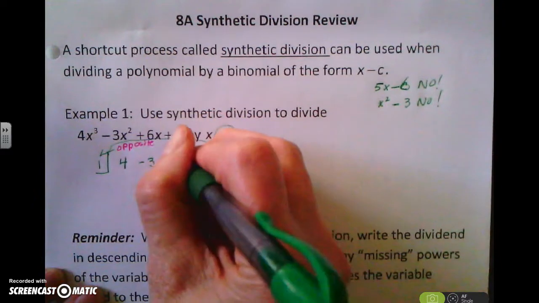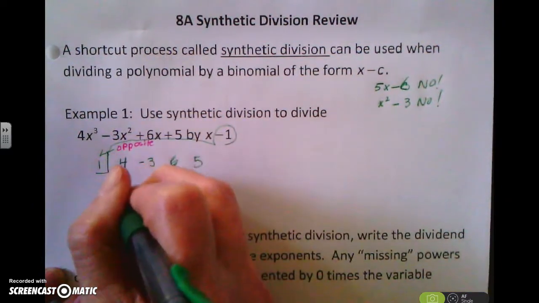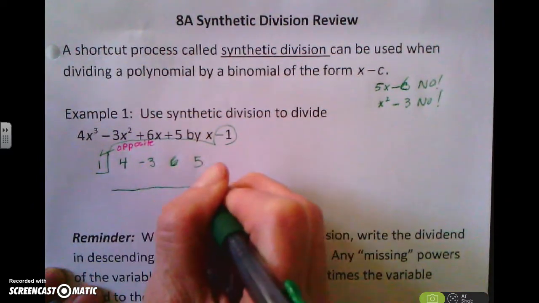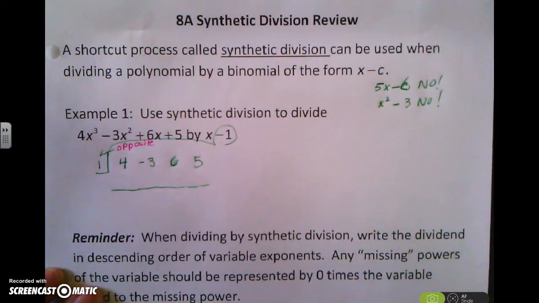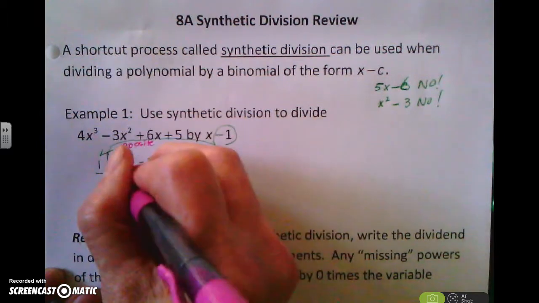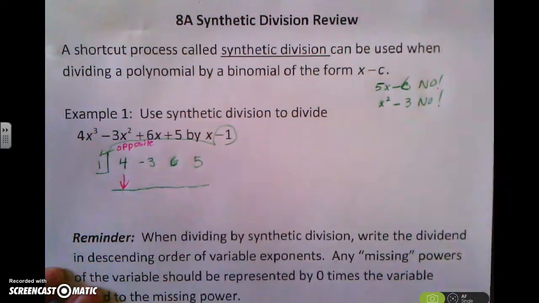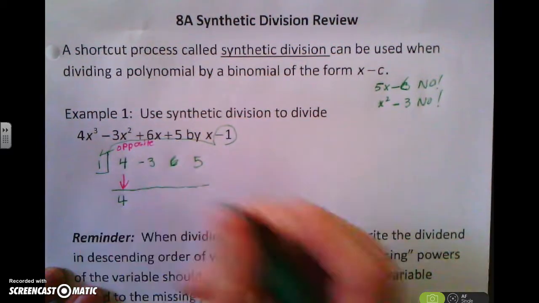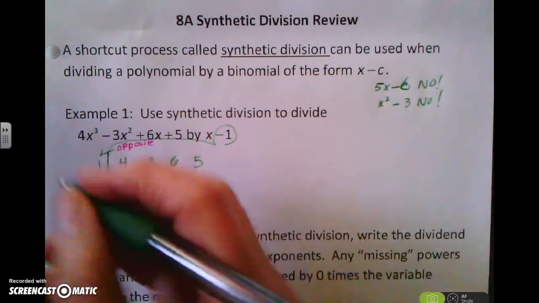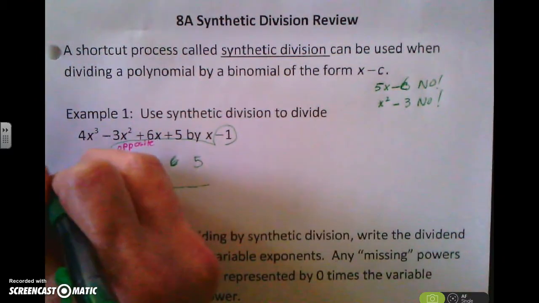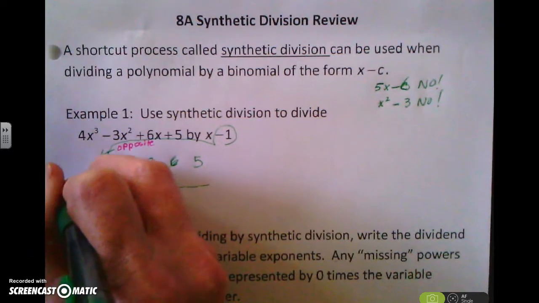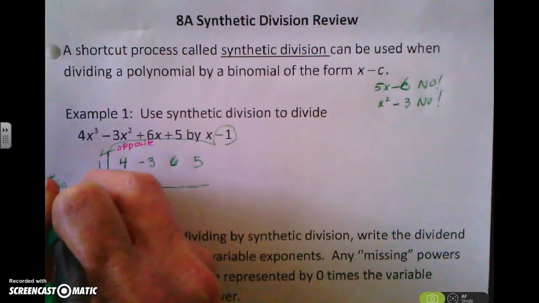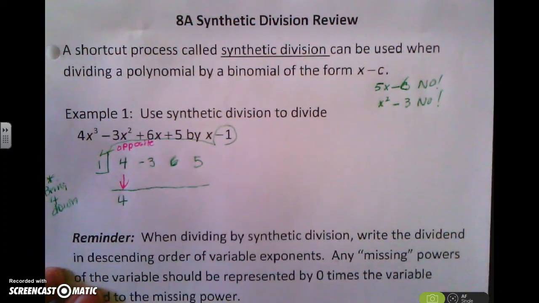Then once I do that, I'm going to leave a space here to do some writing, and I'm going to draw a line. My first step is to bring this 4 straight down. So 4 goes right here. So you might want to make a note: bring the 4 down just to begin with.